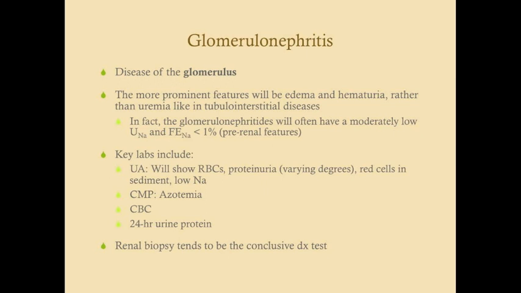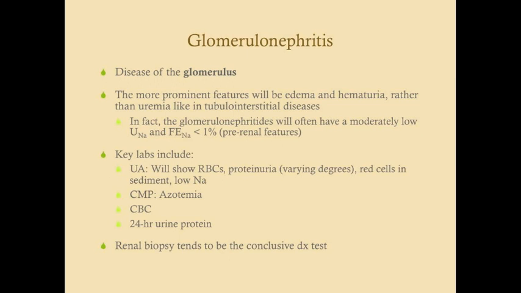In glomerulonephritis, we tend to have a moderately low urine sodium and low fractional excretion of sodium. And the reason is because where are all the afferent arterioles? They're all sitting in that glomerulus apparatus, in our filtrating apparatus.